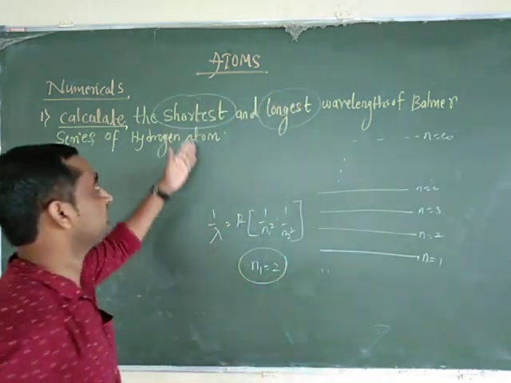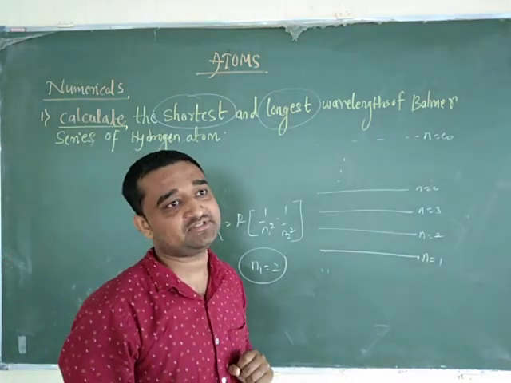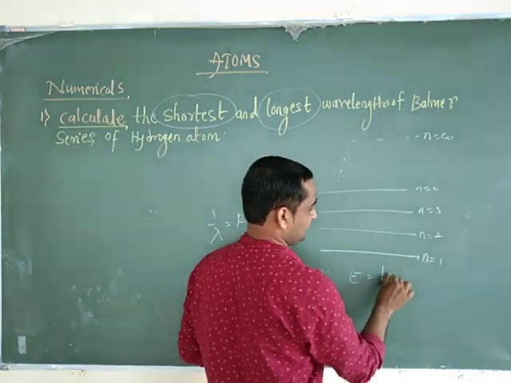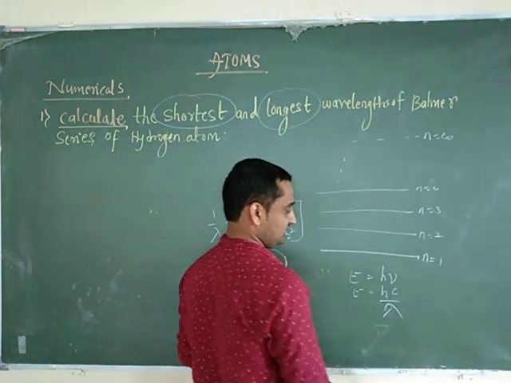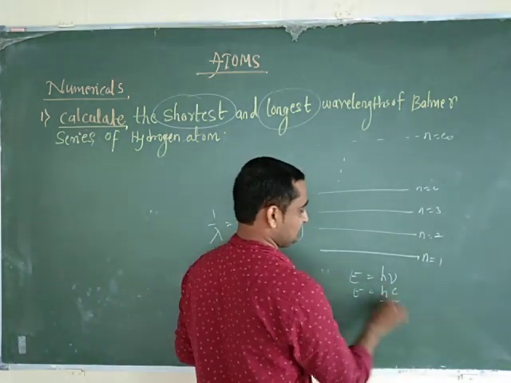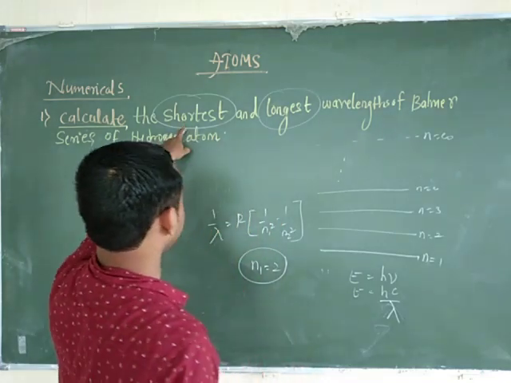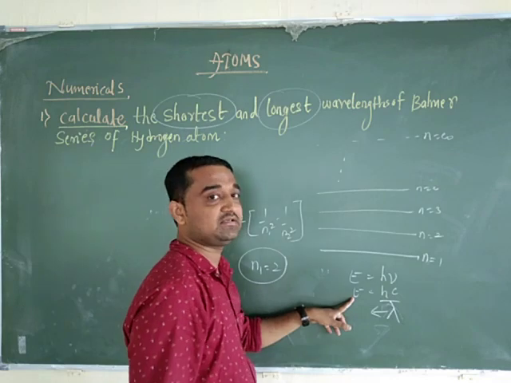The wavelength of the line is inversely proportional to the energy, as we know that E is equal to h nu, or nu is equal to c by lambda. So energy is inversely proportional to wavelength. Shortest wavelength means the energy is highest.